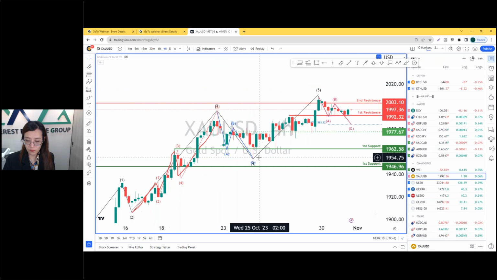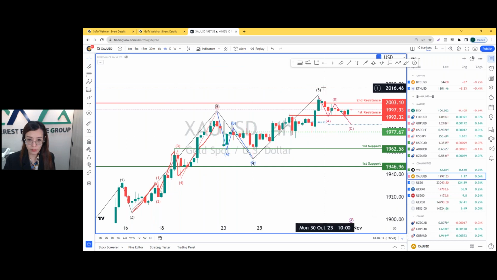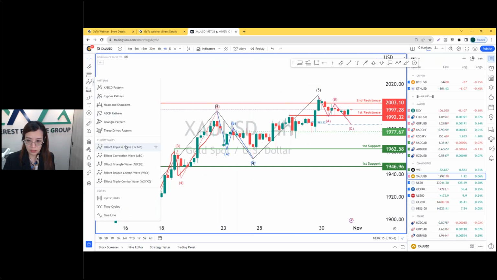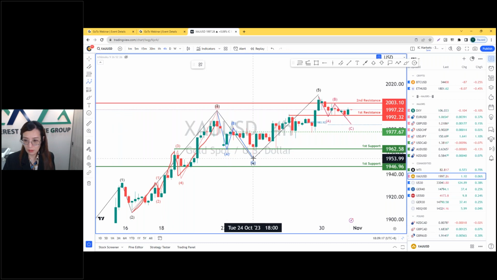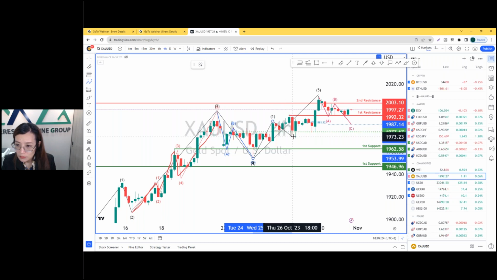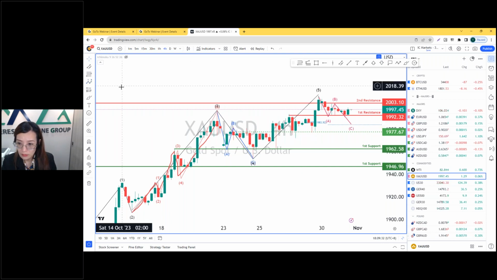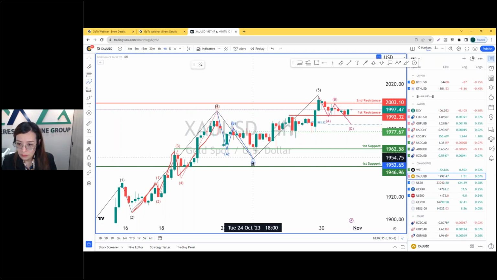And wave 4, like wave 5, there will be sub waves. Let me try, 1, 1, 2, 3, 4, 5.